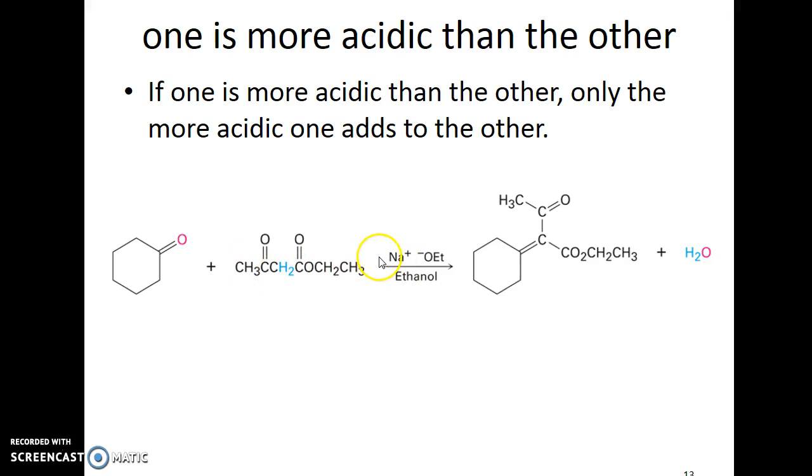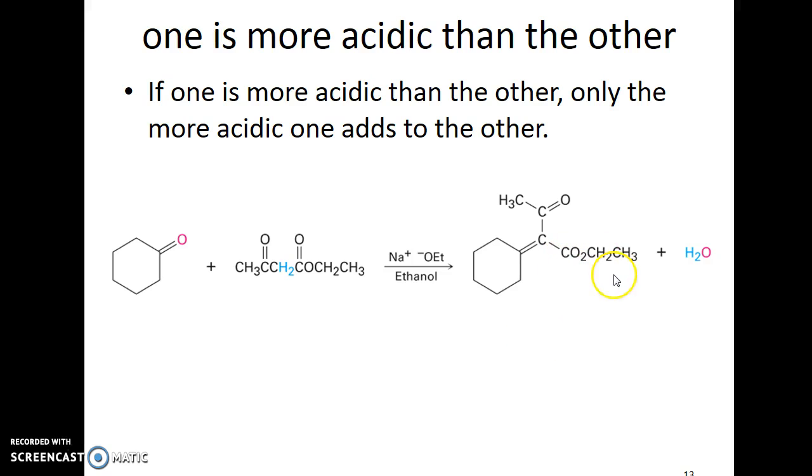This di-carbonyl compound is completely deprotonated by sodium ethoxide, and there would be only equilibrium concentrations of this. If we add one equivalent, this is going to be doing nucleophilic attack on that because this is the only nucleophile that would form. Once that nucleophile forms, then you can remove water and you get the aldol condensation product. So you can see, chop off this oxygen because that was the one that was undergoing nucleophilic attack, and you lose water to form this aldol condensation product.